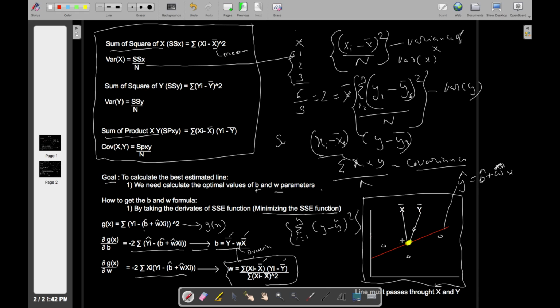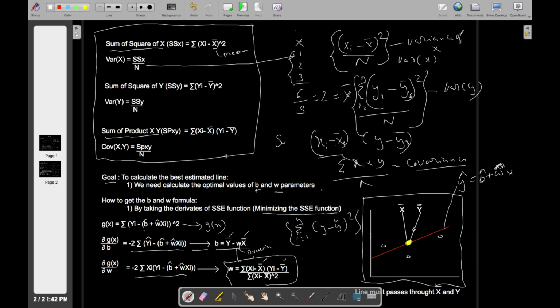So this line should go through the mean value of x and y. Also, in this formula we know we calculate b and w using the mean values of y and x, right? So this line should go through the mean value of x and y in a simple linear regression model, right? So this is the overall way to calculate the b and w values.